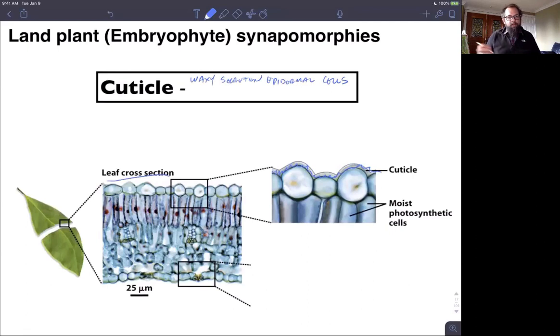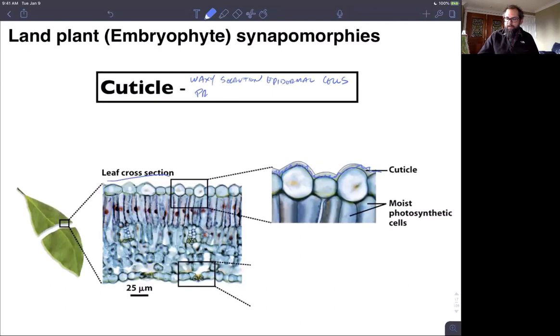whose main function is to deal with one of the biggest problems of moving to land. And one of those big problems is preventing desiccation. When you're in an aquatic environment, you don't have to worry about desiccation, but when you are all of a sudden exposed, desiccation is a big problem. All those water-filled cells are going to lose water, but this cuticle actually prevents that.